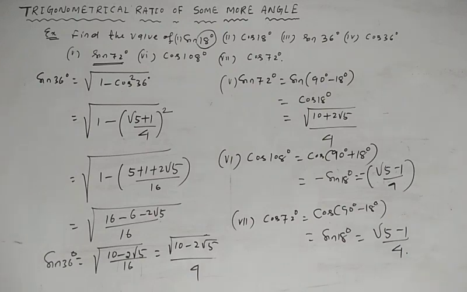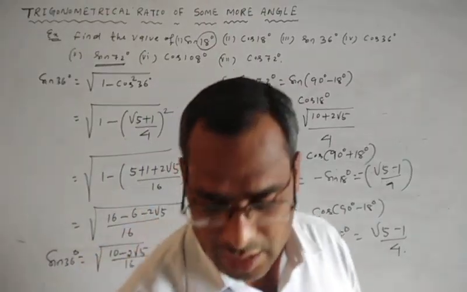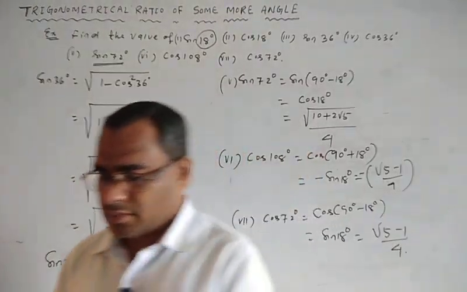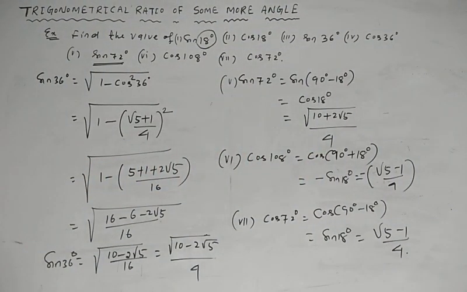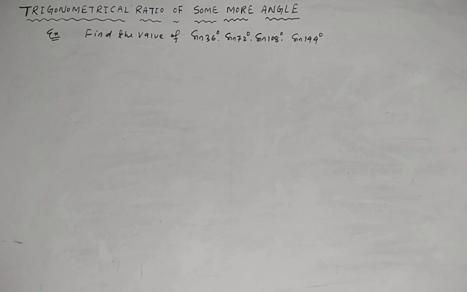So next we calculate the sum, product and difference formulas. So one question: find the value of sin 36 degree into sin 72 degree into sin 108 degree into sin 144 degree.